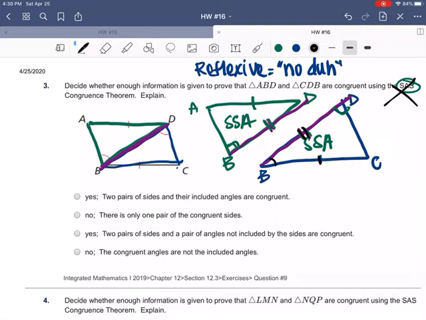So, no, we do not have side, angle, side. So it's one of these two. No, there's only one pair of congruent sides. That's not true. There's 2 pairs of congruent sides. So then this one says no. The angles are not the included angles, and that is true. Included means it has to be in between the 2 lines given. So this is the correct answer.